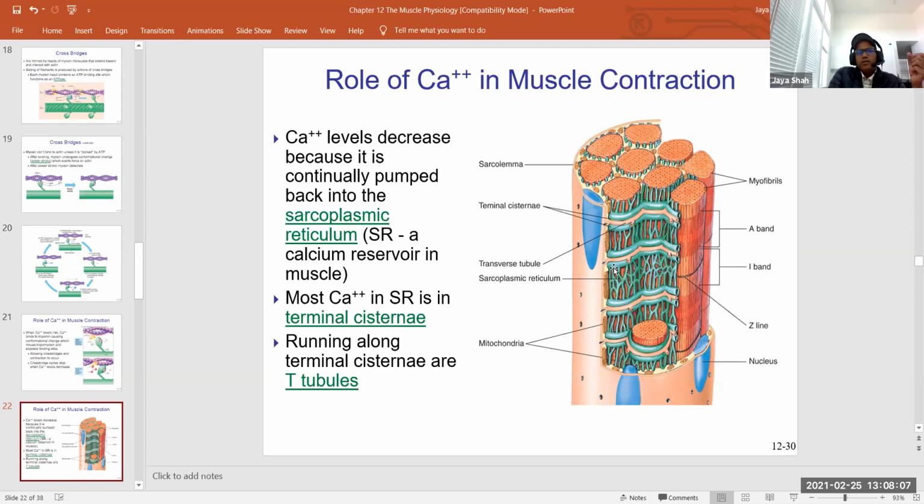They run along the side, and these three structures you see here, two cisternae and one tubule, together they are called the triad of the myofibril.